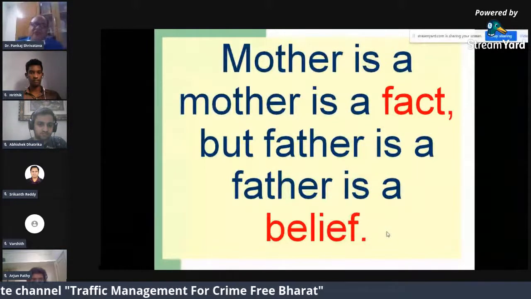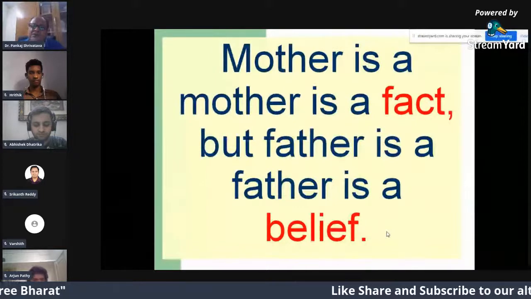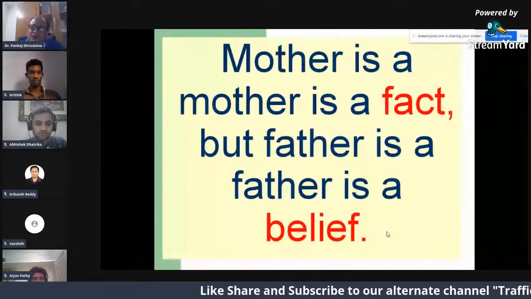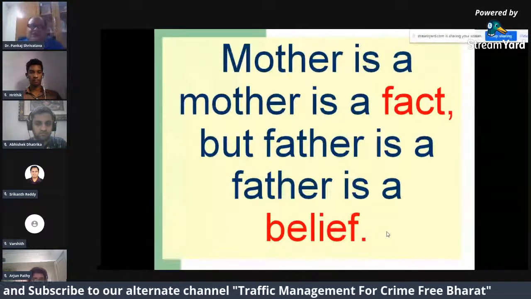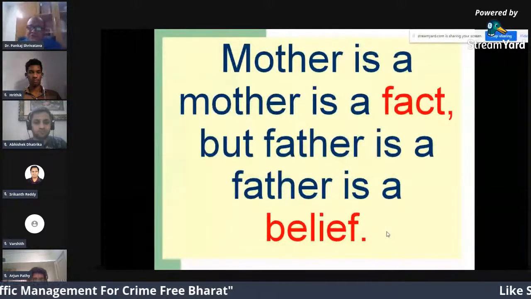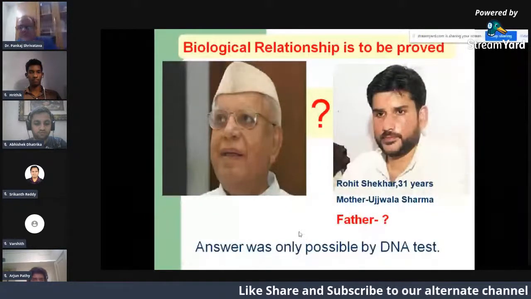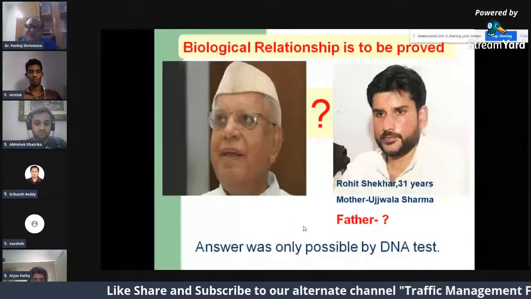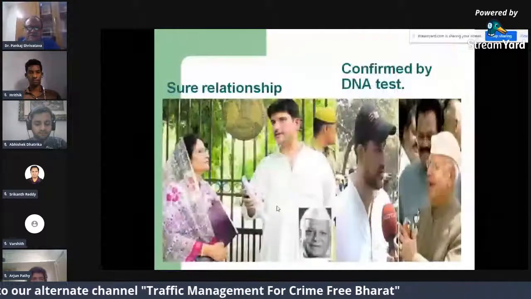So if a man denies, then the mother has no option but to go with a technology like DNA to prove that the child has its parentage from the same man. Okay, so this is again a case which was very much highlighted. This fathership was confirmed by DNA only.